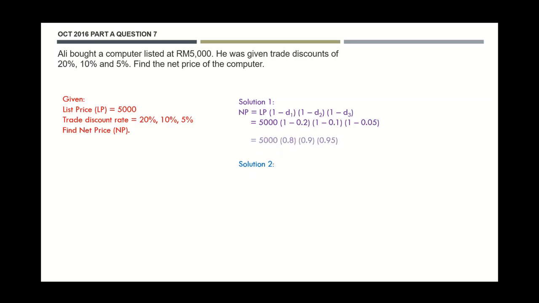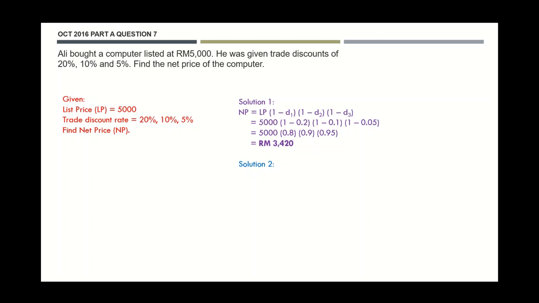Solving this, you get 5,000 multiplied by 0.8, multiplied by 0.9, multiplied by 0.95. Finally you get the net price to be RM 3,420. So that is the first solution using the direct formula given by NP.